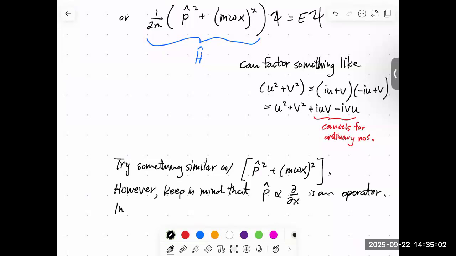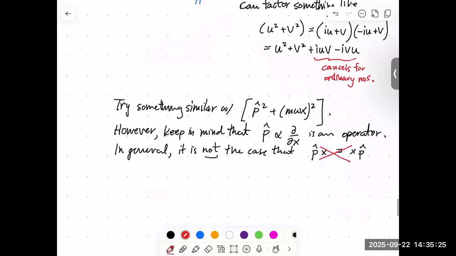In general, it is not the case that something like p hat x is equal to x p hat. Okay. All right. Nevertheless, let's push forward.